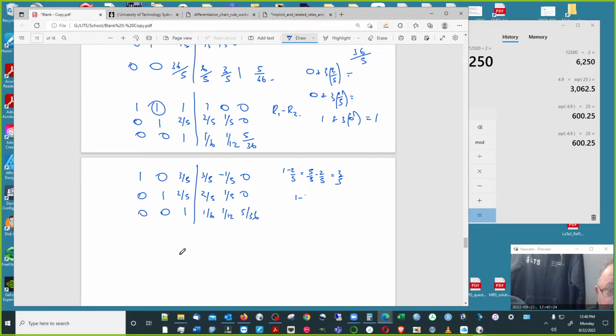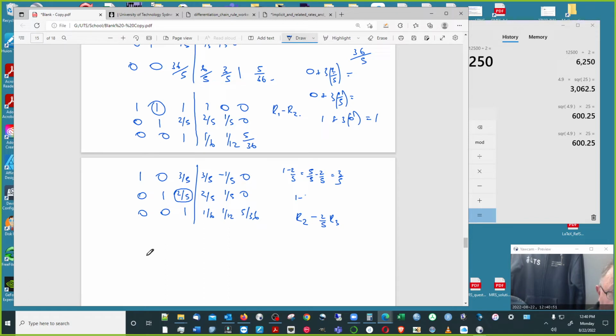Okay, so the next thing we'll do is we'll target either one of these two, but I think it's this one. And we'll use row 3 because that means we won't be adding anything to this left hand side. So it'll be row 2 subtract 2/5 row 3. 2/5 minus 2/5 is 0.